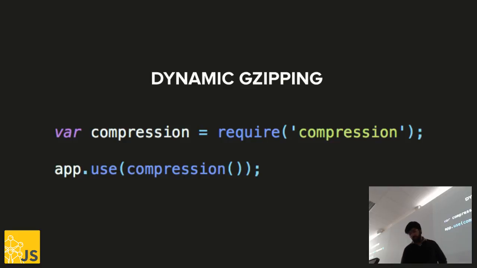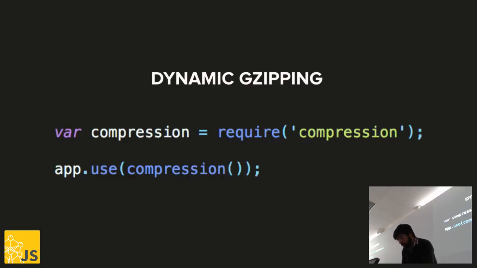With every request going out from Express, it will compress the asset and serve it to the client. This works totally fine, but it comes at the cost of CPU and memory usage, especially when you have an app that is serving assets at every instant.